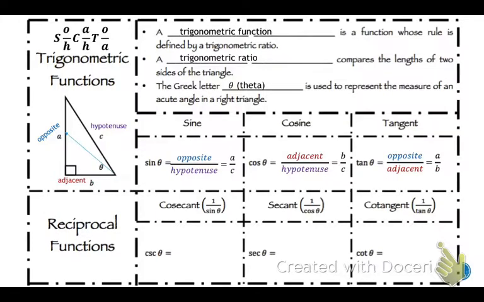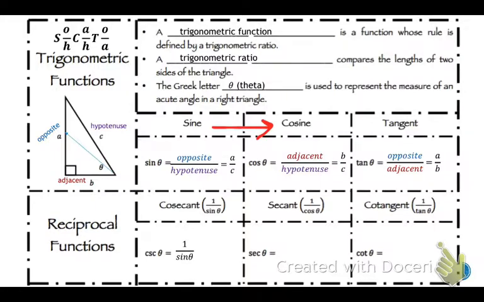Now the reciprocal functions are the opposites of sine, cosine, and tangent. Cosecant is the opposite of sine. I always remember this because it's kind of confusing. You would think cosine should go with cosecant and sine should go with secant. The reason they don't is because sine and cosine are very similar to each other.